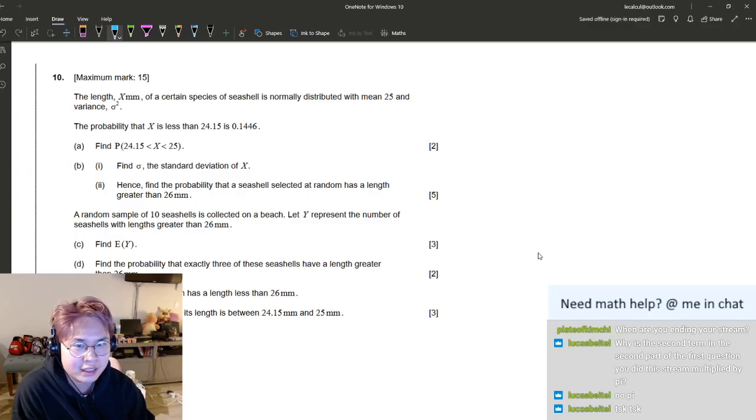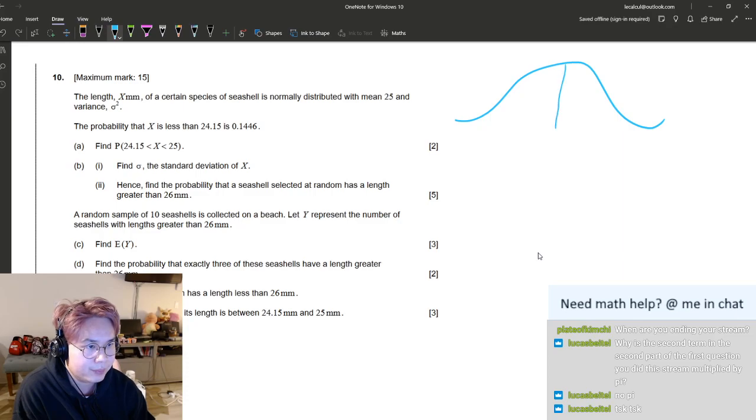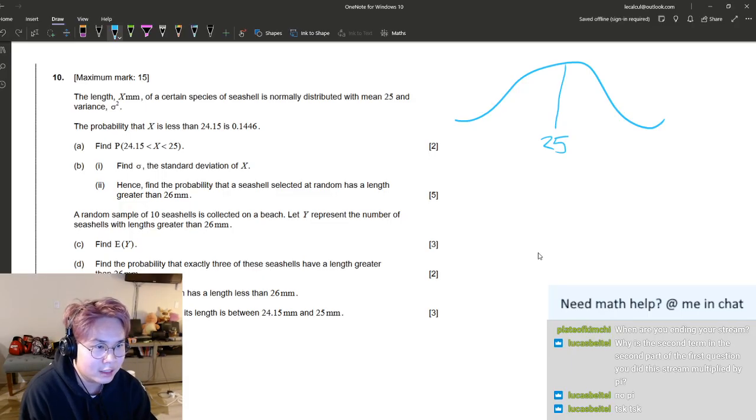We have a length of a seashell normally distributed with a mean of 25, and we don't know the variance. And then the probability that it's less than this length is that probability over there. So 24.15. We have this.